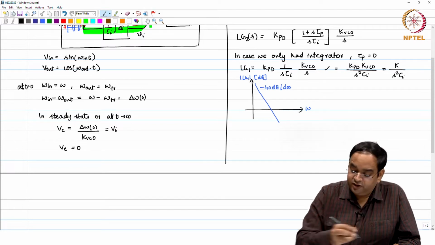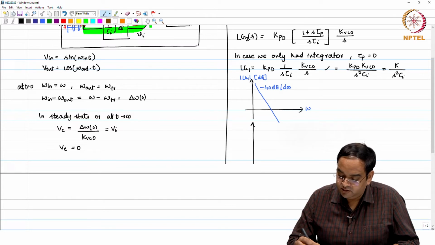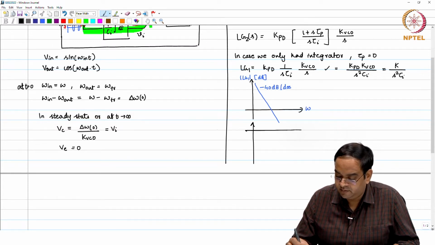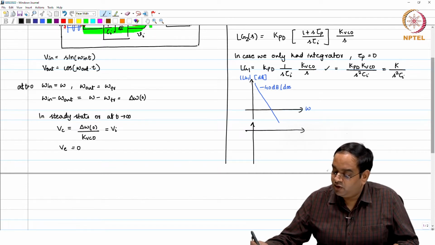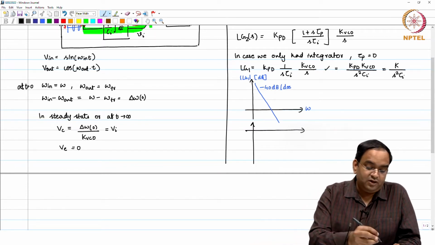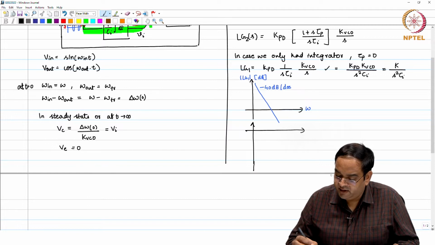Right. The corresponding phase for the same loop gain, if you look at the phase of this particular loop gain, what you have is always minus 180 degree.